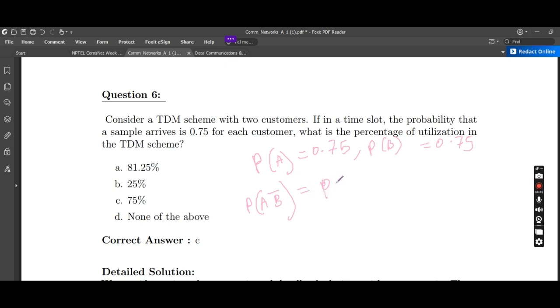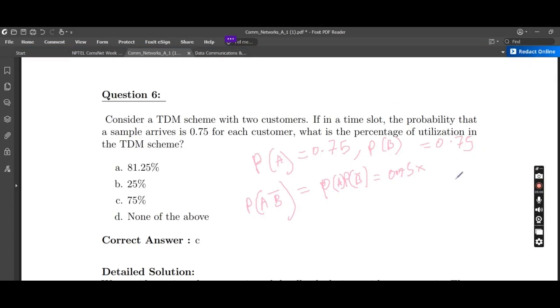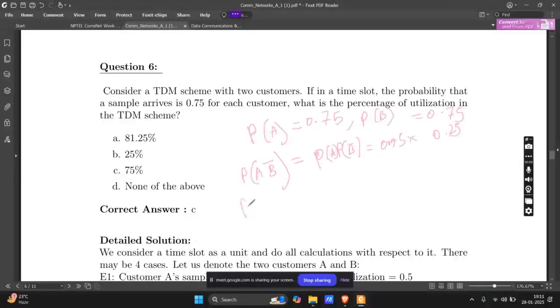Since A and B are independent, P(A B-bar) will simply be PA into PB-bar, so 0.75 into 0.25. Another case is P(A-bar B), where A's packet does not arrive but B's does. So this will be PA-bar into PB, which is 0.25 into 0.75.